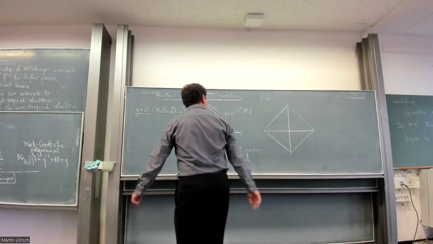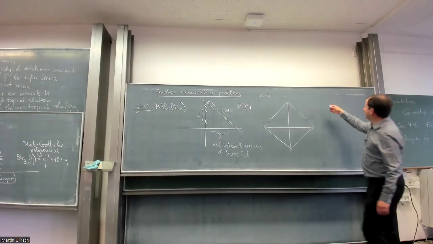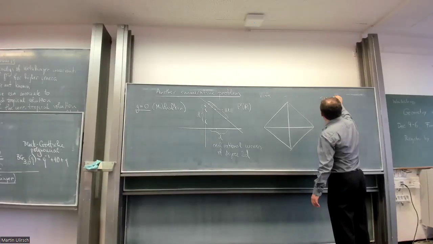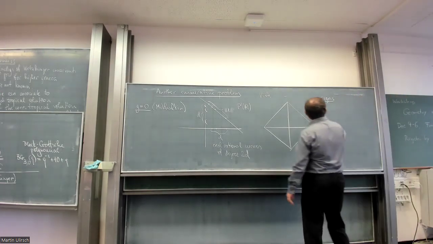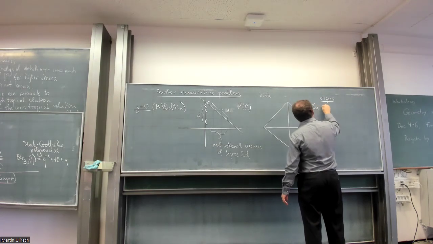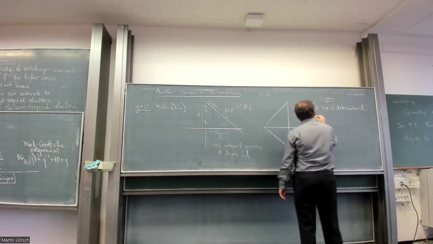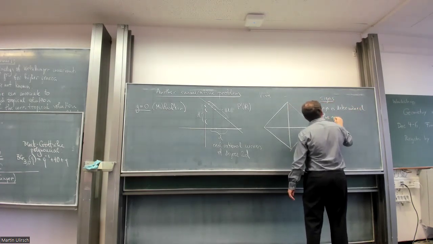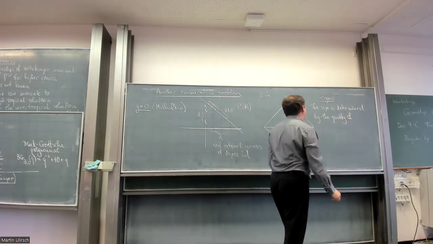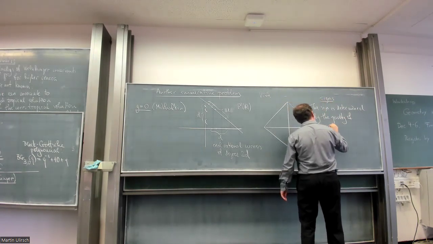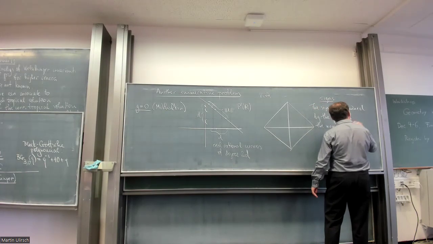And okay, let's fix a sign. So now the sign is determined by the parity of the number of elliptic nodes, of solitary nodes.